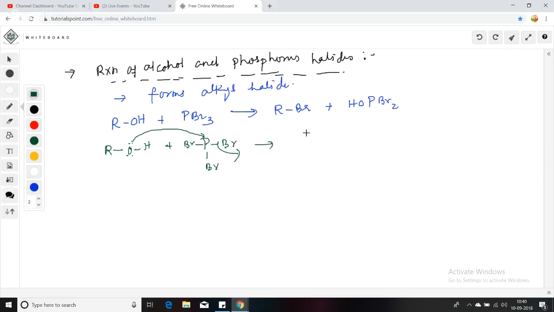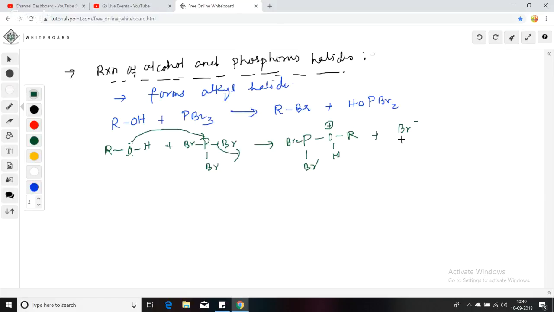Okay, so what happens in this? We get P Br Br O R H with positive charge on it plus Br minus. Okay, now in this what happens?